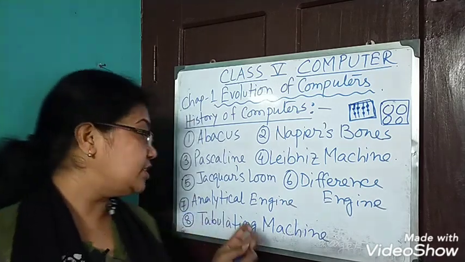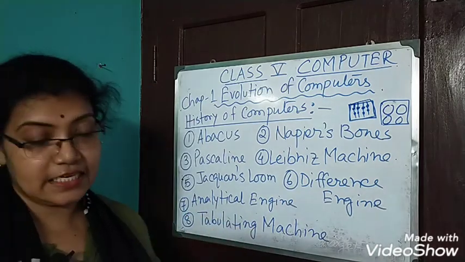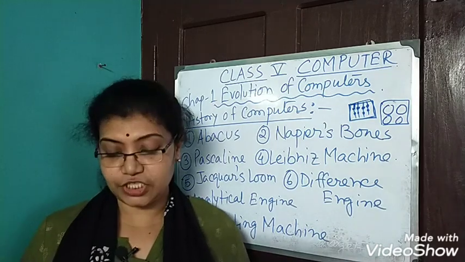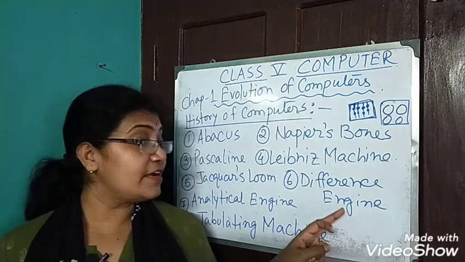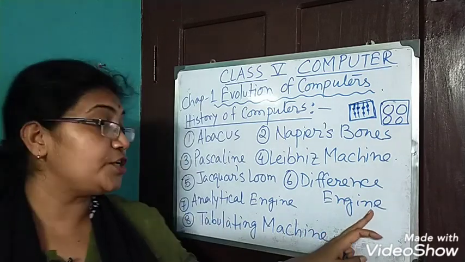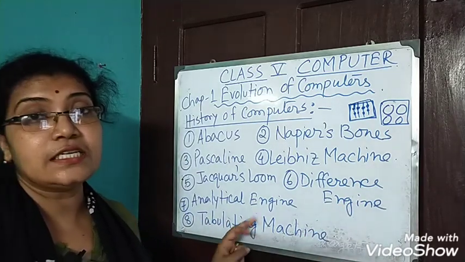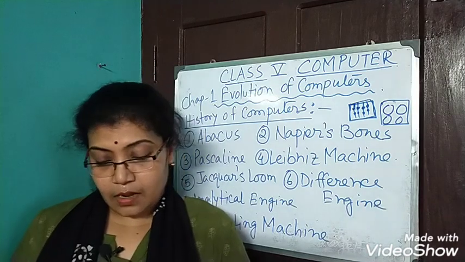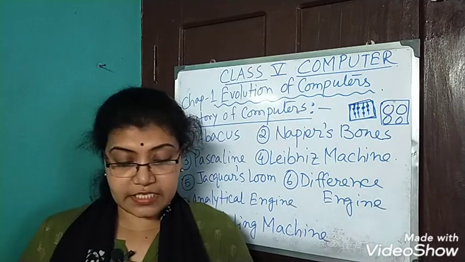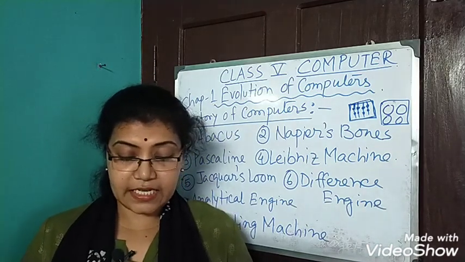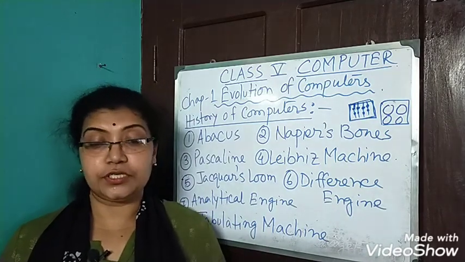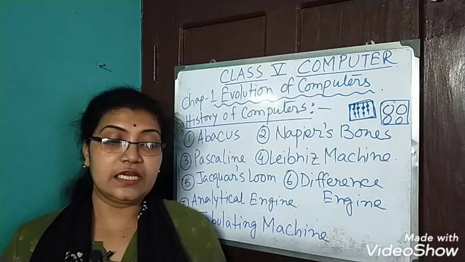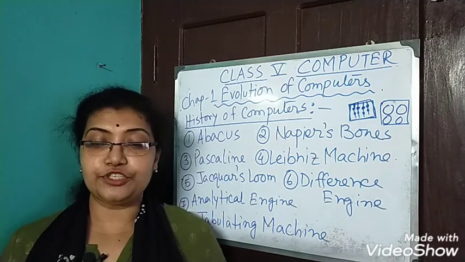Next, number 7 is analytical engine. It was also invented by Charles Babbage, in the year 1832; the difference engine was 1822 and this one 1832. It was the first general purpose automatic mechanical digital computer. It would be able to perform any calculation set before it. It was programmable and used punch cards.